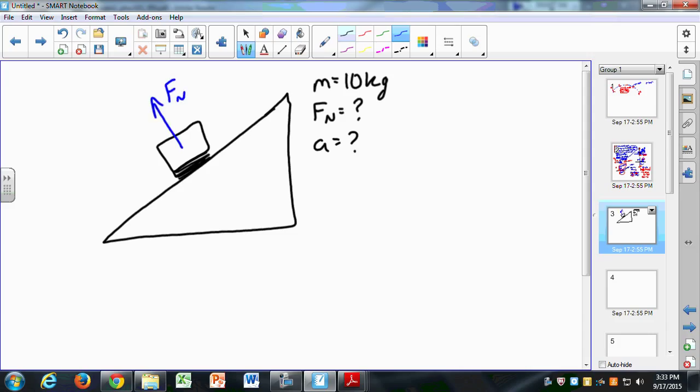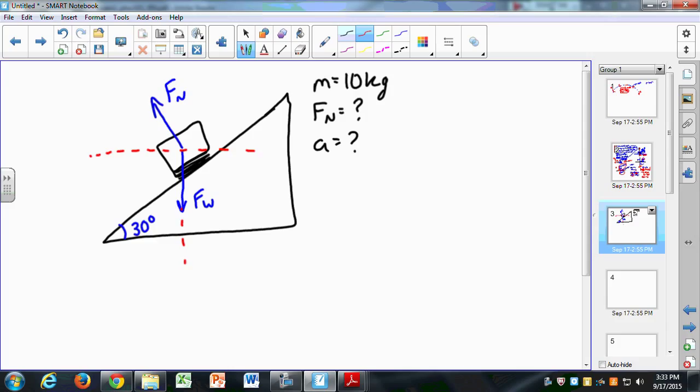Notice that I did not draw the normal force opposite the weight, but I drew it perpendicular to the surface, because that's what normal is. It's perpendicular. We need the angle of the incline. I'll say it's 30 degrees. Now I need to pick a coordinate system. Look, we could pick a coordinate system that looked like this.